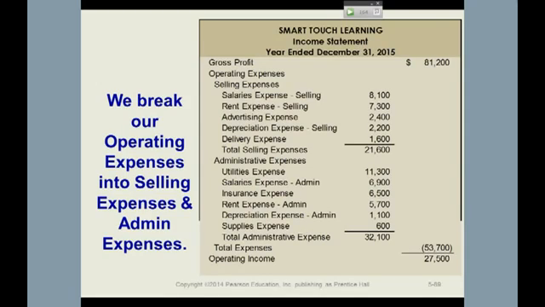Now, if you look at this statement, we also see operating income, and this is not always true on all financial statements, but in finance and in management, operating income is sometimes called earnings before interest and taxes.